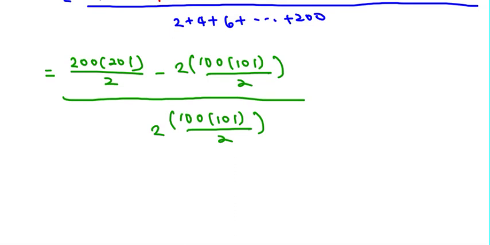Here this cancels out, becomes 100, and this cancels out. Then 100 is common in all three terms, so we factor out 100. Then 201 minus 101, which is 100, over 101. And that becomes our answer.